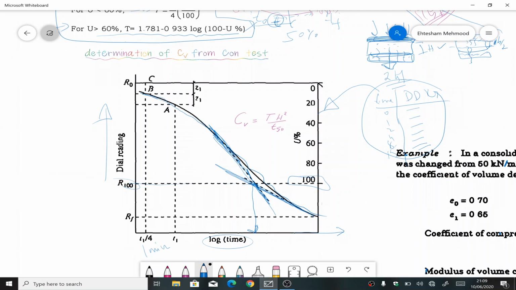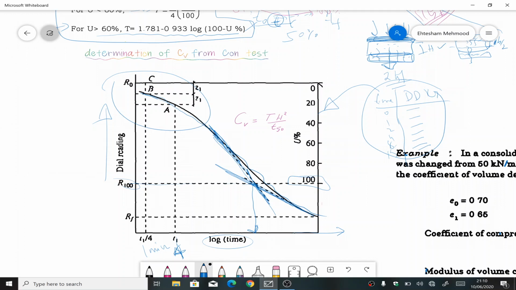Then I will note a second reading that is 4 times larger than this time, so this should be the 4-minute reading. You can take any reading, it can be 2 minutes, 3 minutes, or 0.25 minutes, it's your choice, but take it from the initial portion of the curve. I took 1 minute, so the next reading should be 4 times the previous one, so let's say this was 4 minutes.